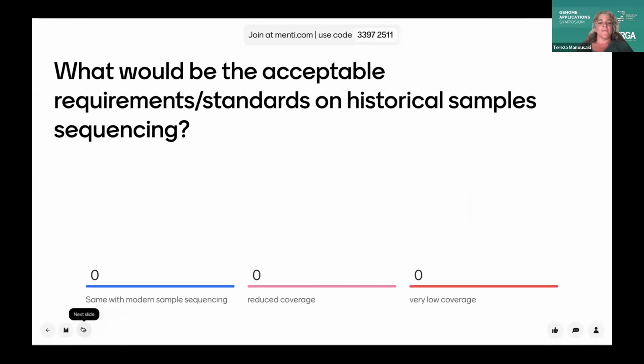Okay. And I think this is our last question. If you were a reviewer, would it be acceptable to have the same sequencing coverage in the old samples as in a new one, or would you accept much lower coverage or even extremely low for very important old samples?